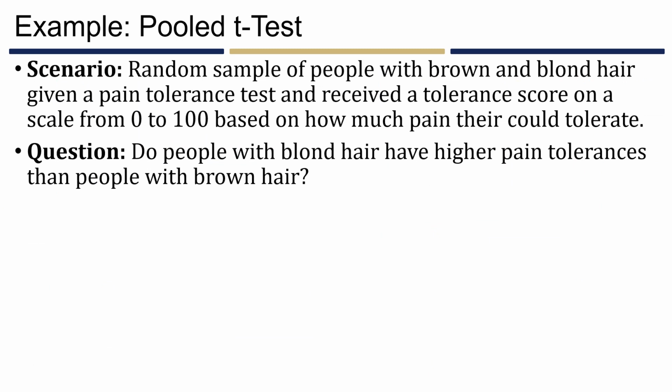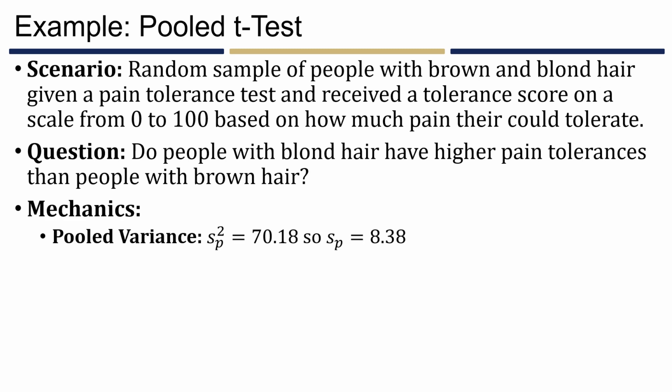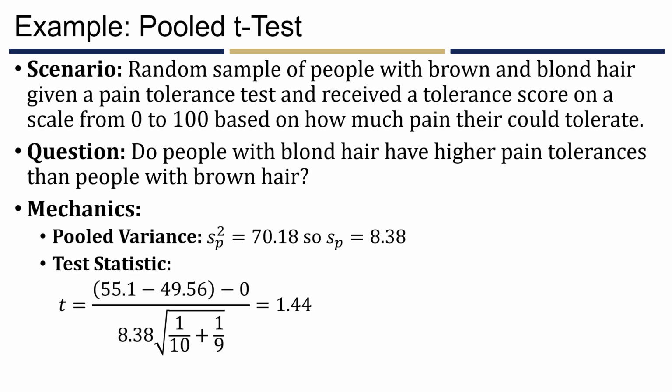So putting everything together, we can take the pooled variance from row 7 on the output on the previous slide of 70.18 and take the square root of that to get our pooled standard deviation of 8.38. Calculating out the test statistic, we take the mean pain tolerance score for the people with blonde hair, 55.1, subtract off the mean pain tolerance score for the people with brown hair of 49.56, and then subtract off our hypothesized difference of 0.